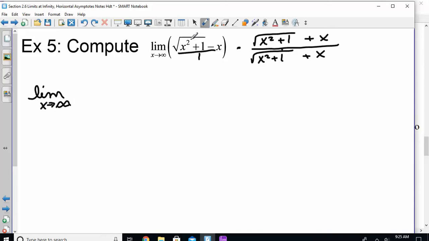So when I do that, square root of x squared plus 1 times the square root of x squared plus 1, those radicals drop. You get x squared plus 1. Nice thing about the conjugate, the outside and inside always cancel.